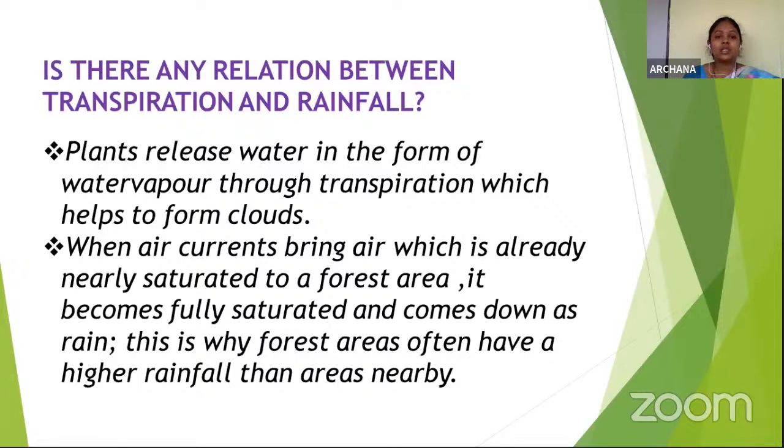So when air currents bring air, which is already nearly saturated, to a forest area, it becomes fully saturated and comes down as rain. This is why forest areas often have a higher rainfall than areas nearby.